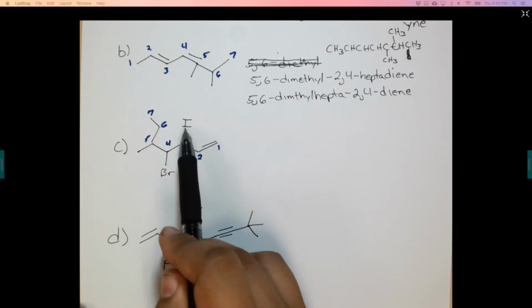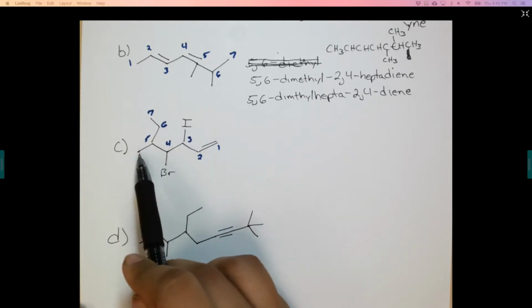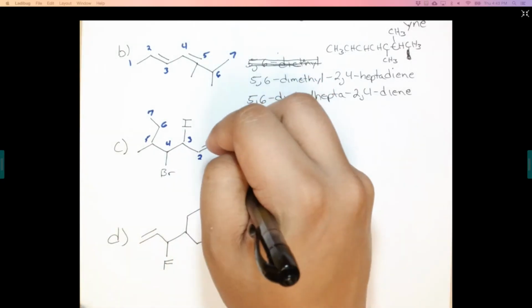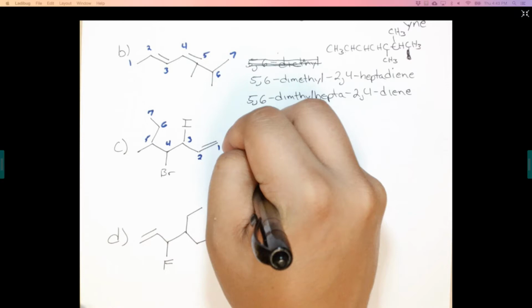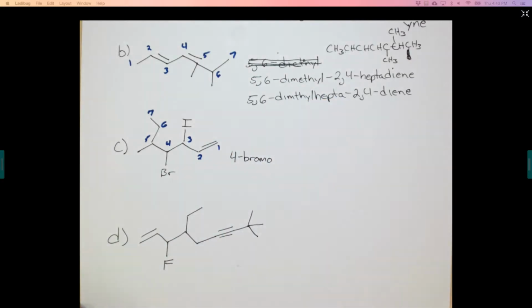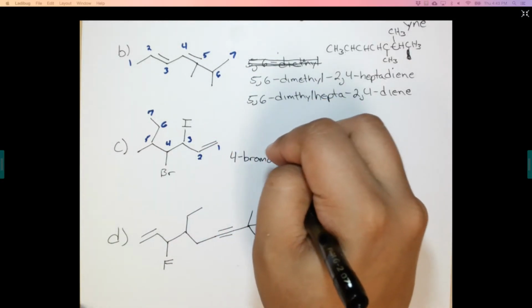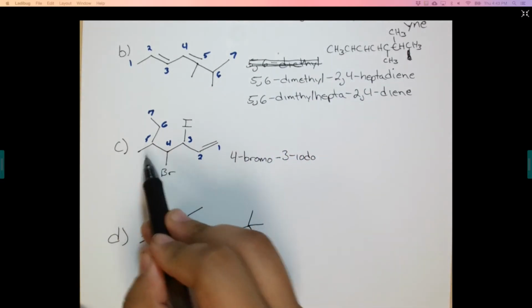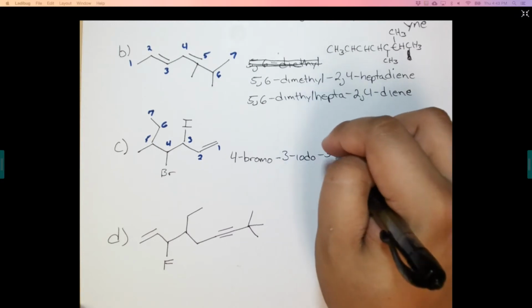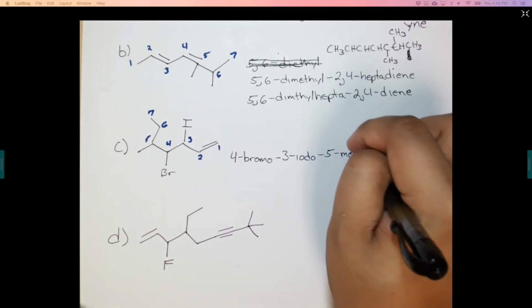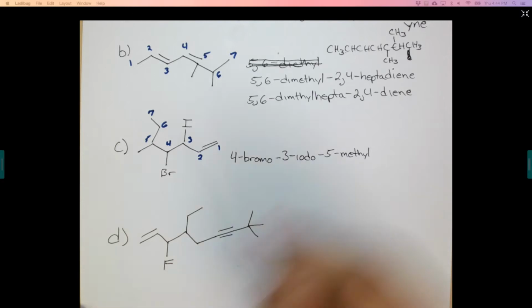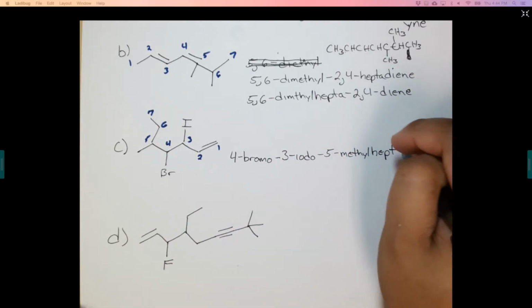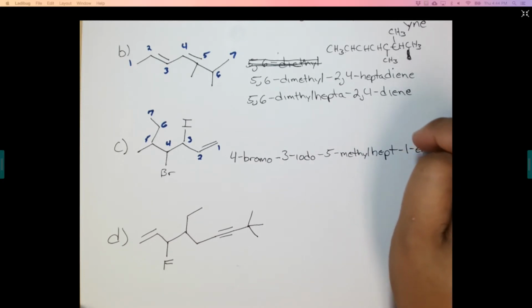So iodo, bromo, and methyl. Bromo comes first. So we're dealing with 4-bromo. I comes before methyl, 3-iodo, 5-methyl, hept-1-ene.